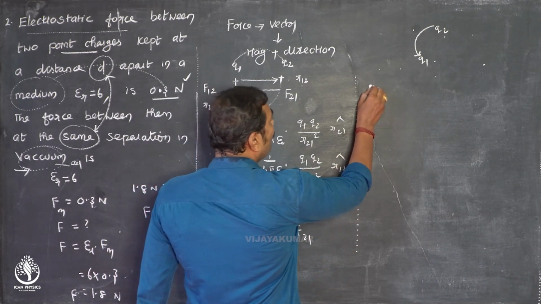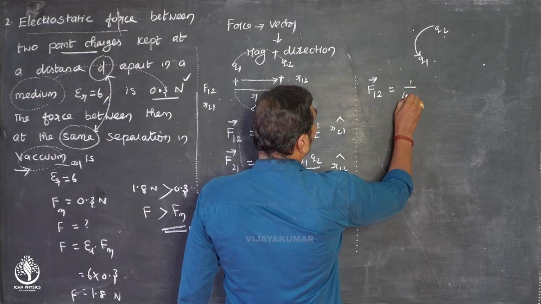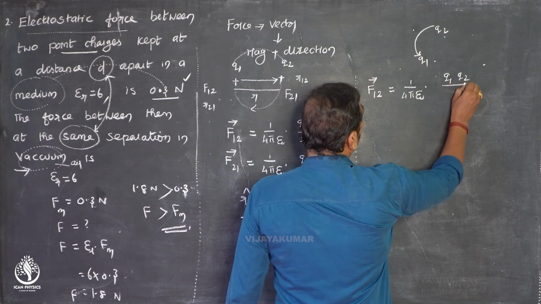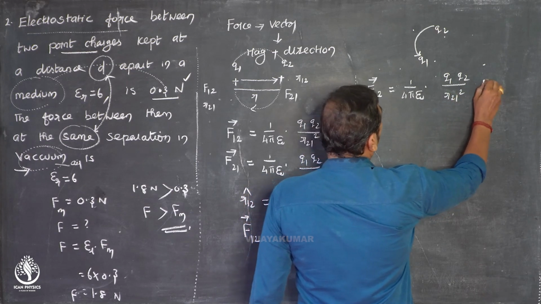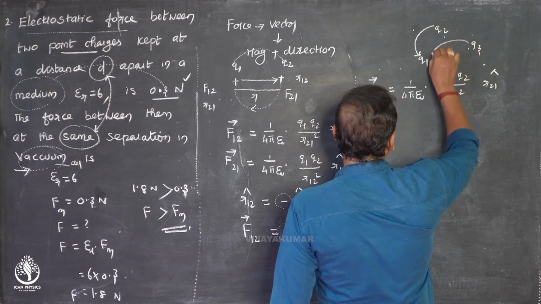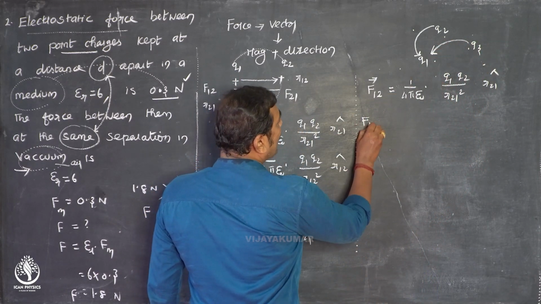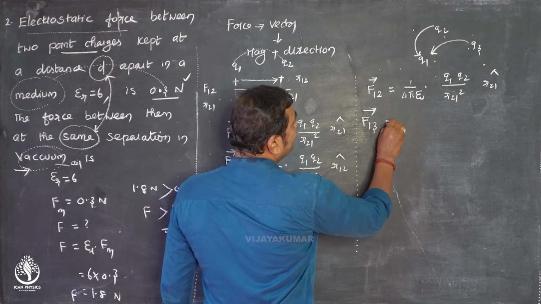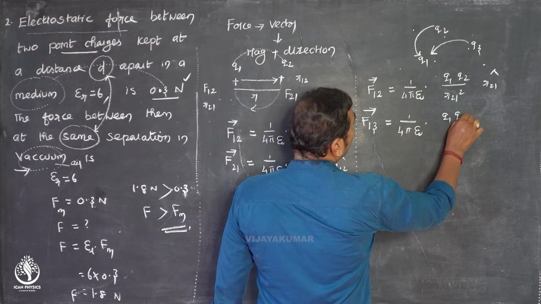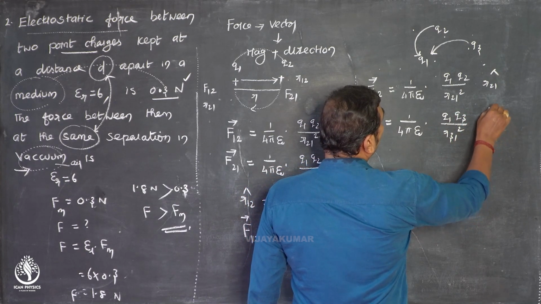So force on first by the second equal to 1 by 4 pi epsilon 0 Q1 Q2 by R21 squared R21 cap. Suppose Q3 is the charge experiencing a force on Q1. So force on first by the third equal to 1 by 4 pi epsilon 0 Q1 Q3 by R31 squared R31 cap.